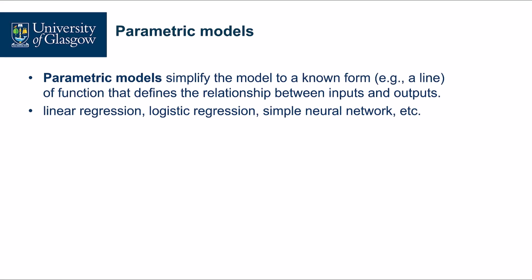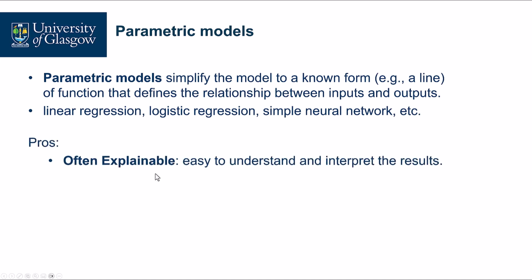Let's see the pros and cons of the parametric model. The advantage is that parametric models are often explainable. For example, for some physics reasons, the output y and the input x, we may consider as a quadratic relation. So what we are doing is finding the appropriate coefficients to build the model. Then we can explain the relation between y and x in a clear form.